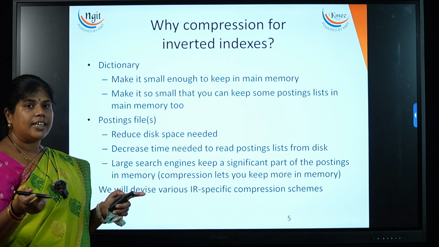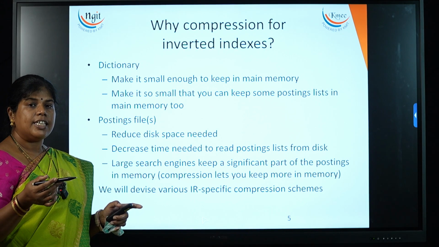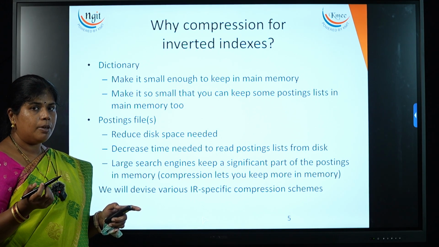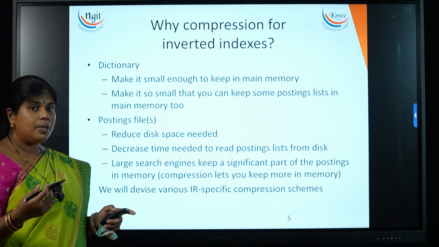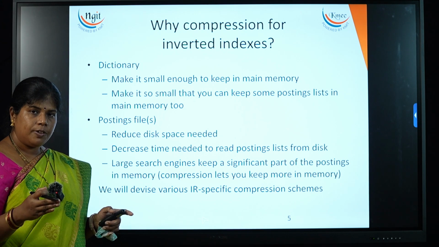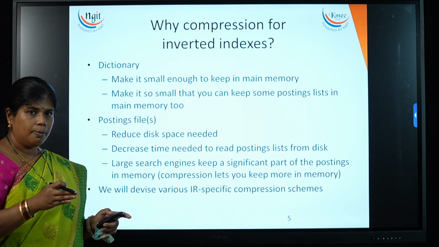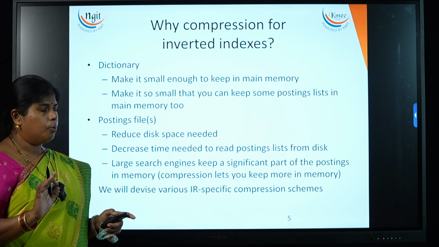The main memory is directly accessible by your processor. So, if your data is easily available in main memory, then it will increase the speed of retrieval. Otherwise, I have to move everything from the secondary memory to the main memory, which will waste my time during this movement only.